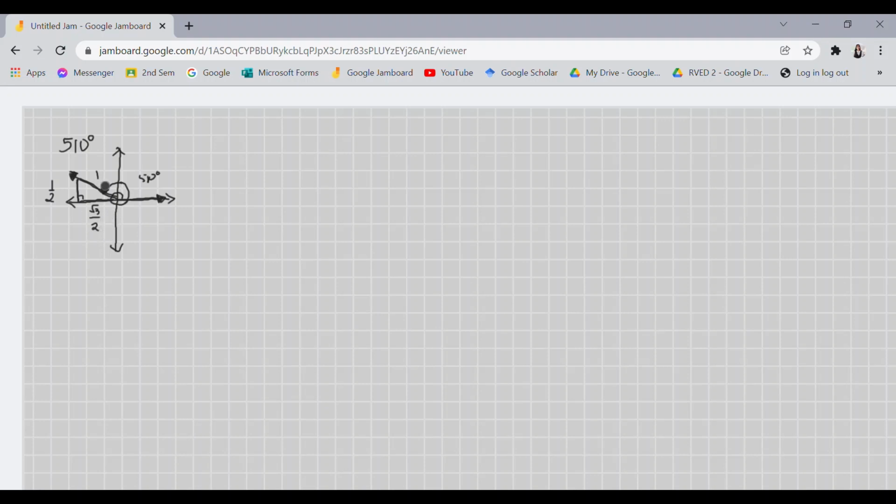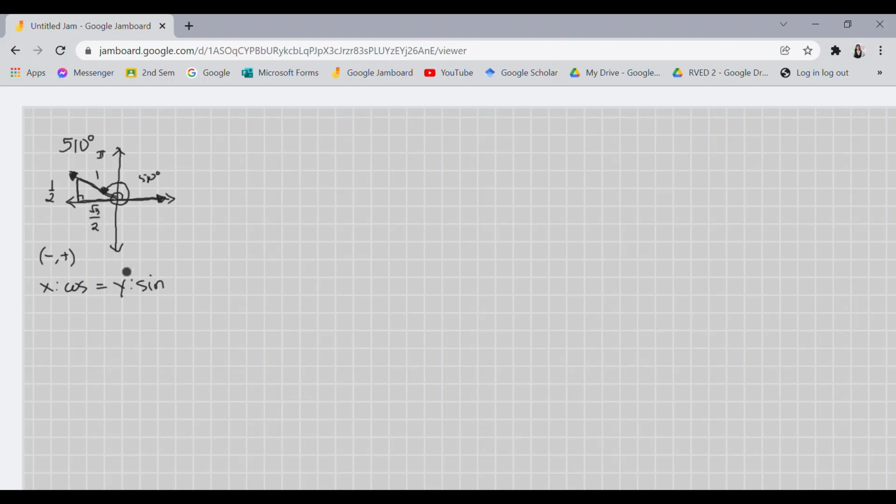But since we are in quadrant 2, you have to remember that the coordinate pair for quadrant 2 is negative, positive. So, you also have to recall the relationship of x and y when it comes to sine and cosine. We say that x is to cosine and y is to sine. Those are the respective pairs.